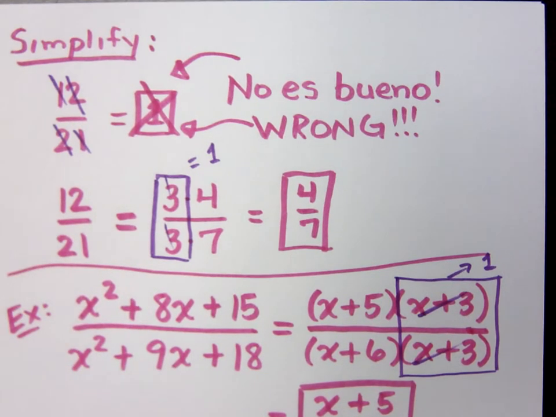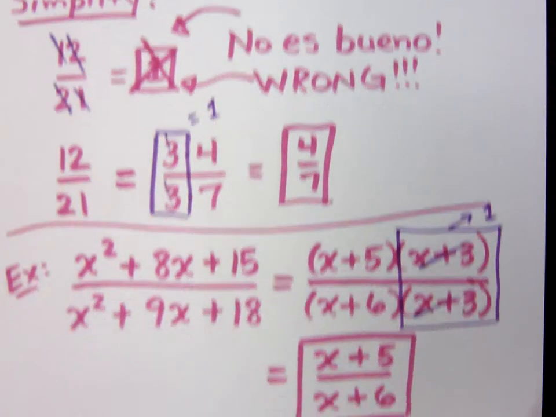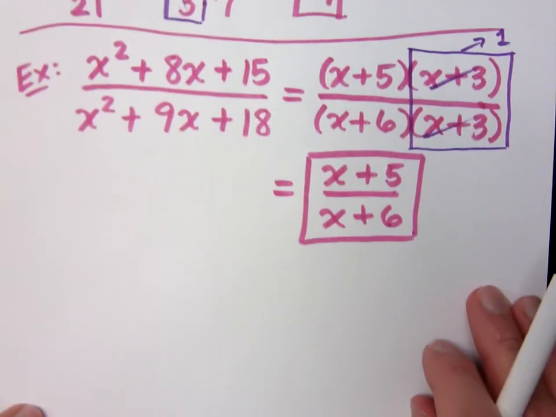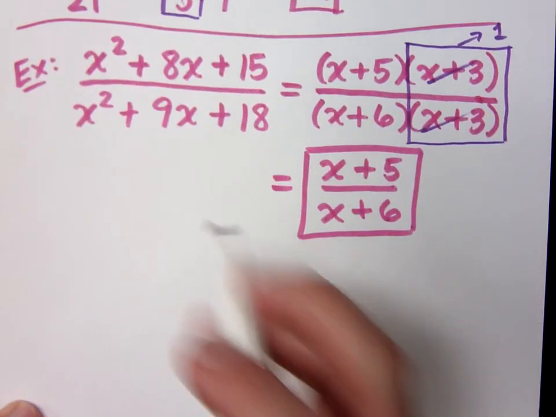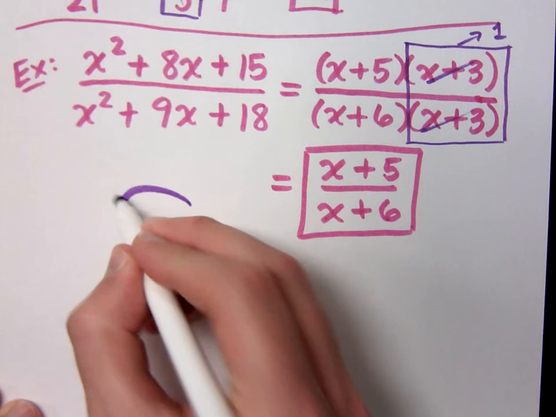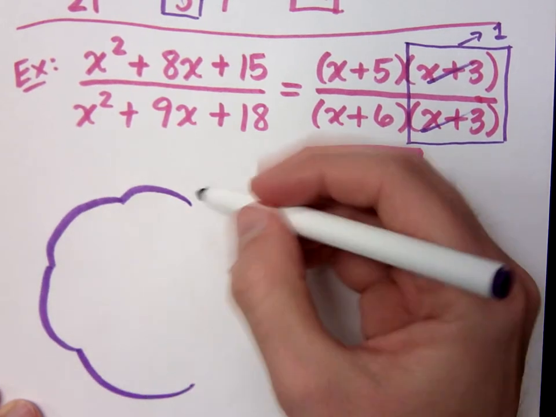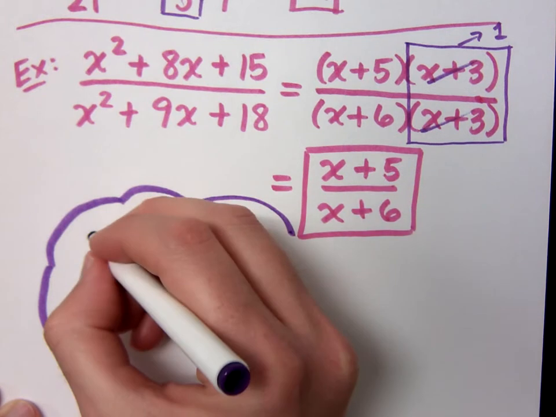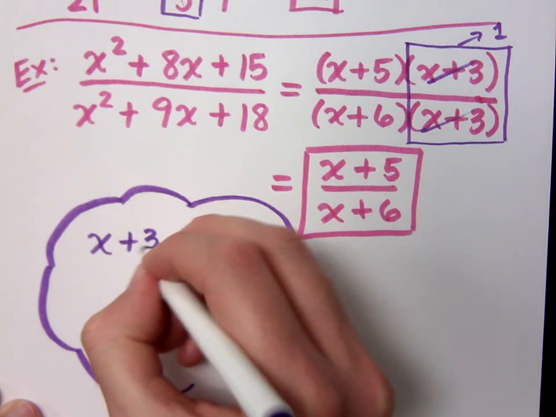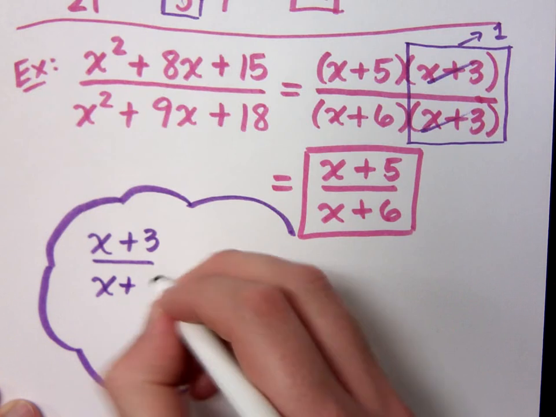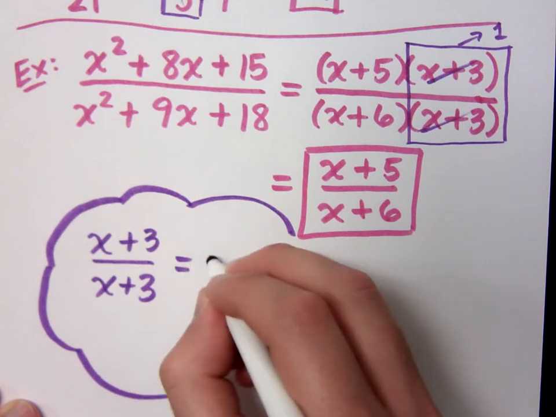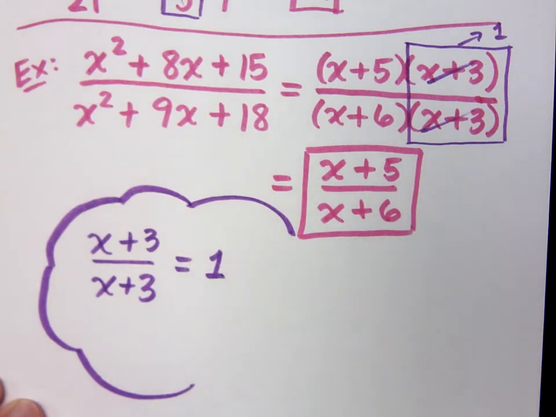But there is something that we need to talk about in this problem, and that's about the x plus 3 over x plus 3. When I have x plus 3 over x plus 3, we say this equals 1 because you're dividing something by itself, right?